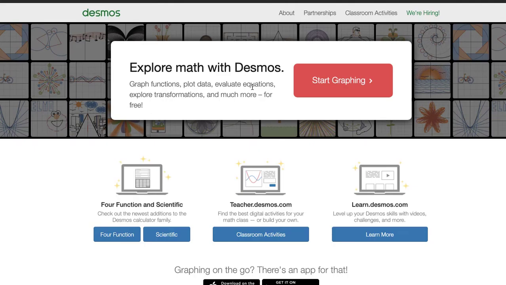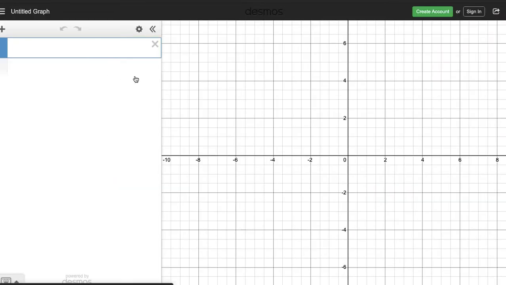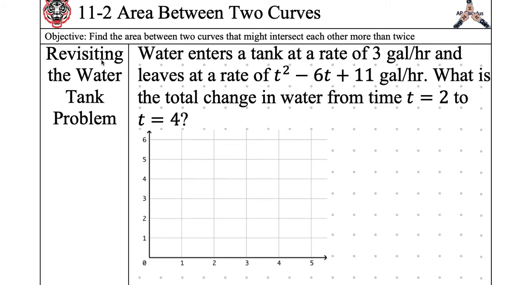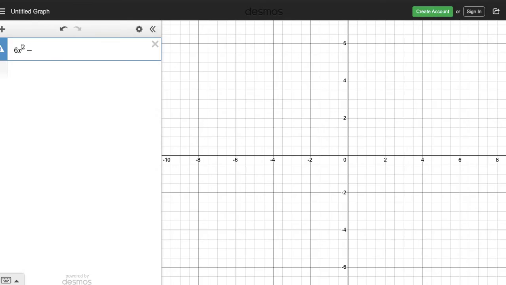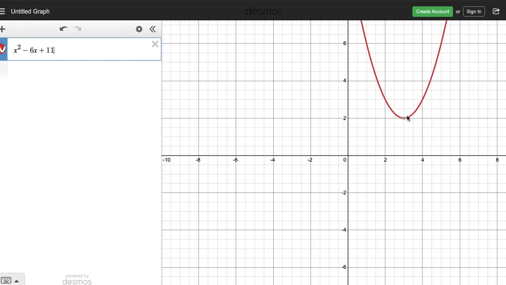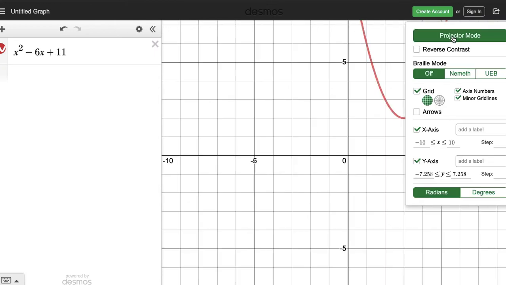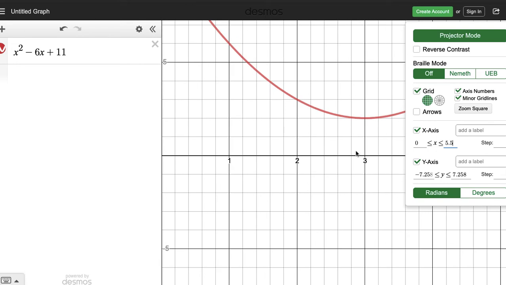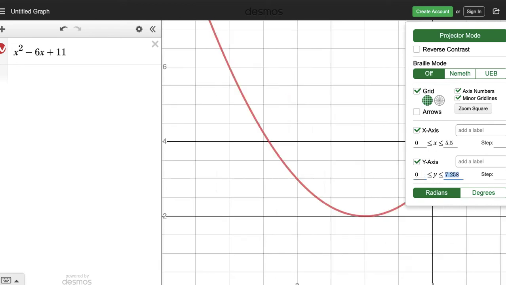I'll do x squared minus 6x plus 11, because it doesn't like t. It looks like that. My scale is from 0 to 5, so let's make this look nice. Projector mode, x from 0 to 5.5 and y-axis from 0 to 6.